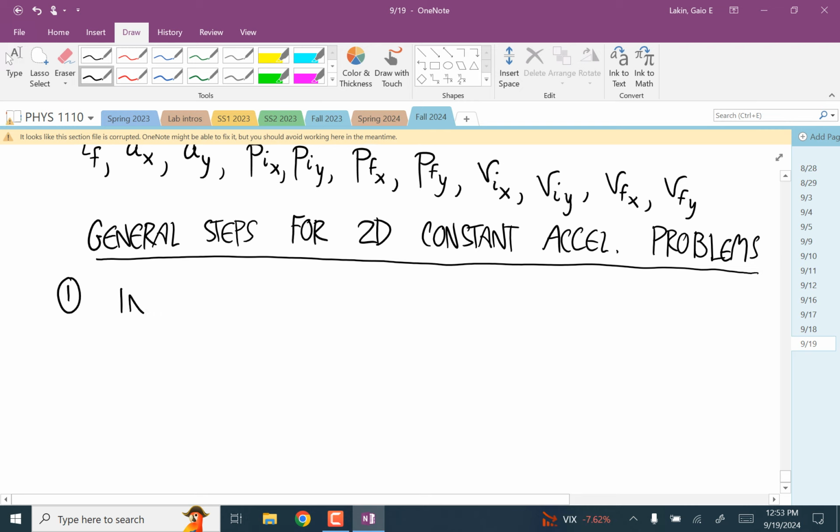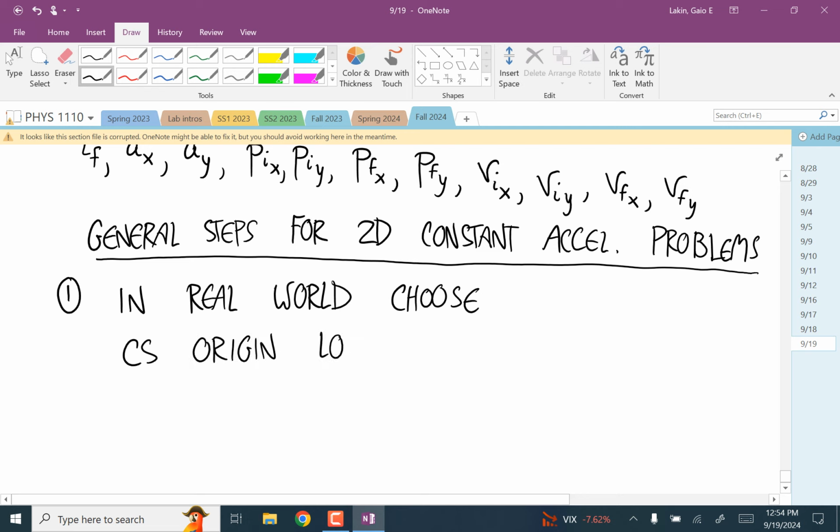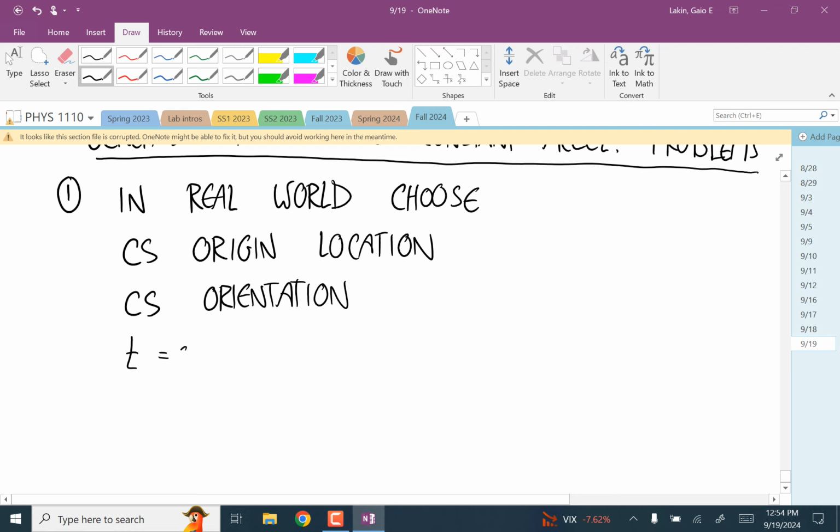So in the real world, choose where your coordinate system origin is going to be, the orientation of your coordinate system, your time equals 0 instant, and your time final instant.